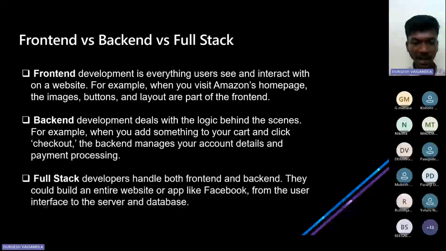Coming to backend, it all deals with the logic behind the screens. I am sharing my screen now, and you are getting my screen, right? How is it happening in the backend? Using API calls and all. There is a lot of backend processing in the scenario.